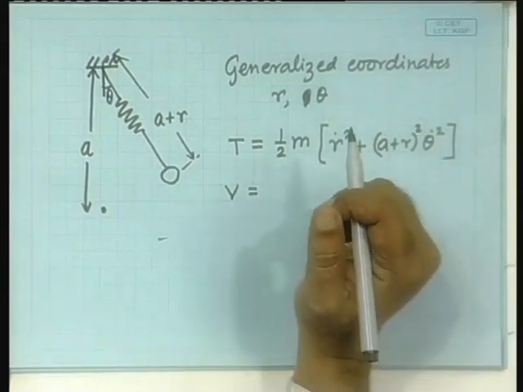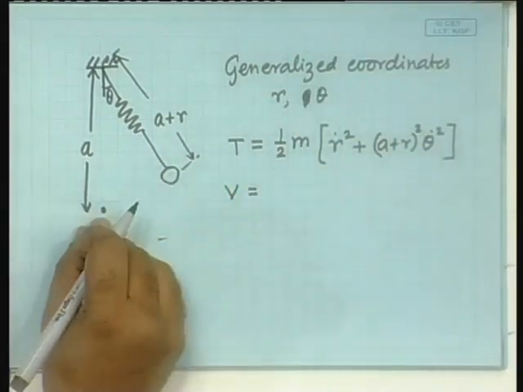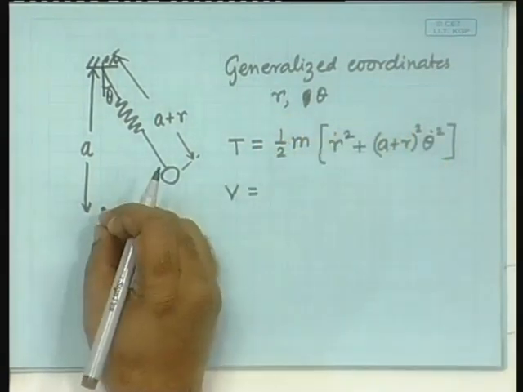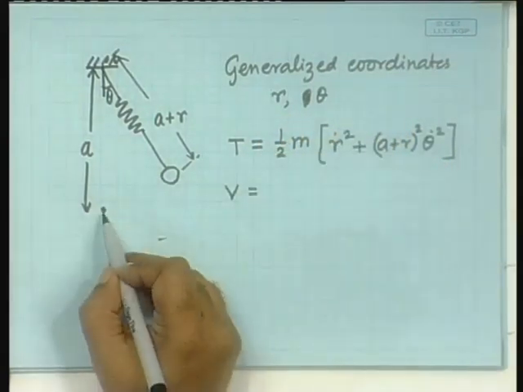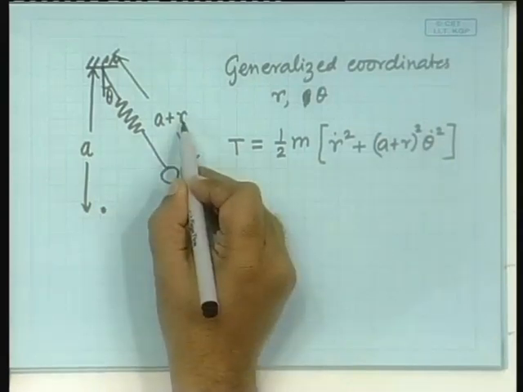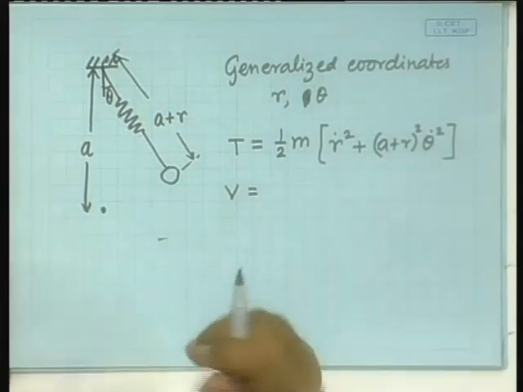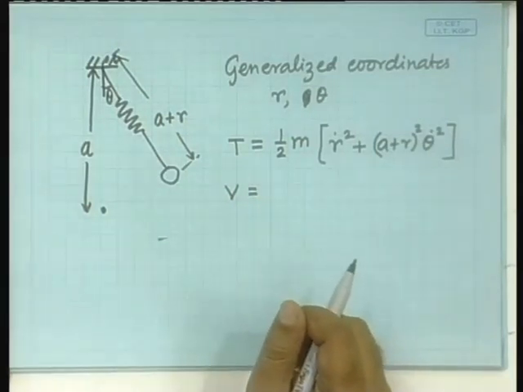Mg by k. It has already elongated in this position by mg by k. And I am now counting the difference from that position here, and therefore what is the actual elongation? Mg by k plus r. Okay.